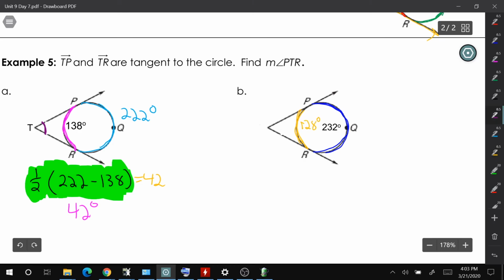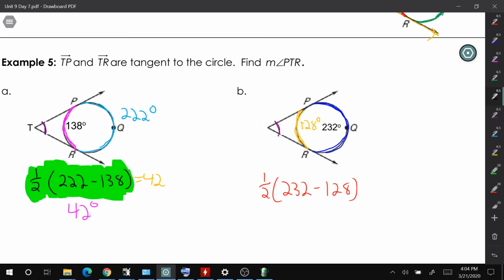So then the angle measure right here is going to be 1/2 times 232 minus 128. And again, if you type it like that, you'll be fine. You could also replace 1/2 with 0.5, and you'd get the same answer as well. So I do that, and I get 52 degrees.